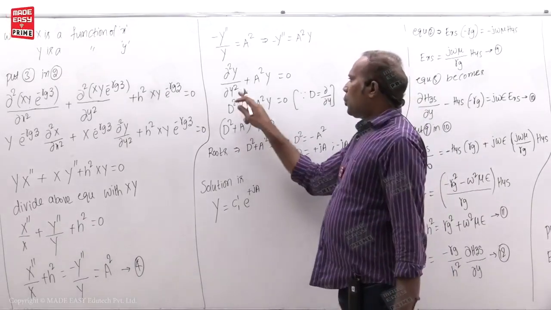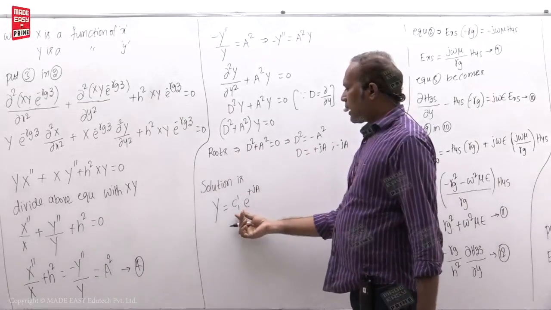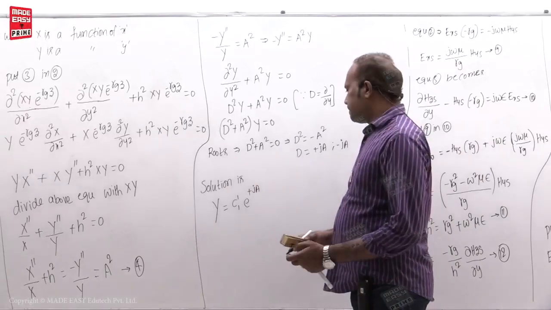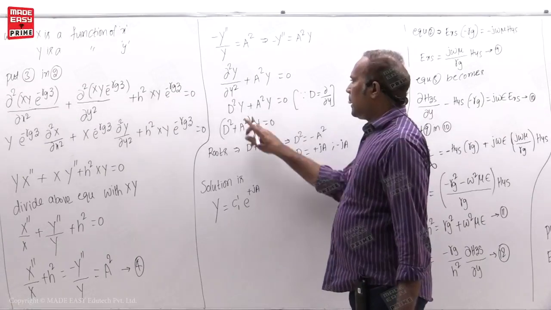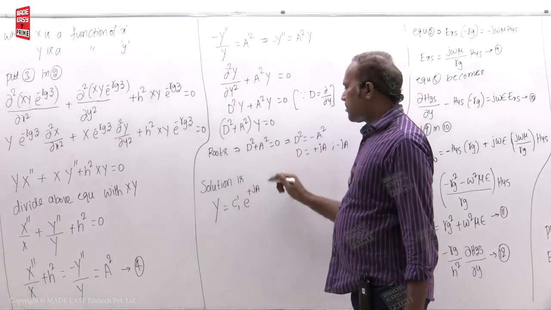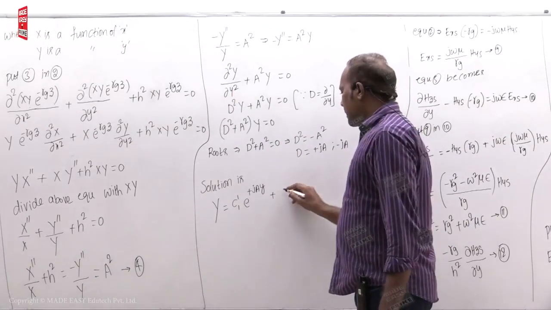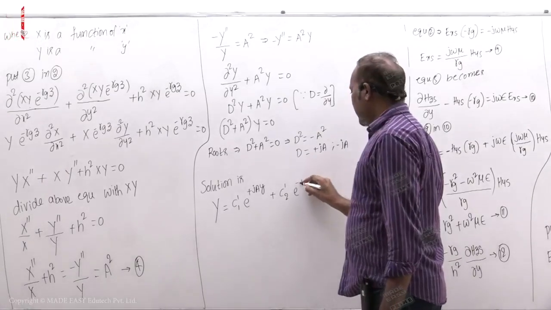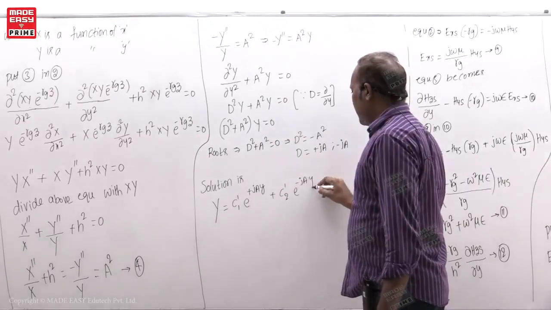So the dependent variable, that is Y, is equal to, for the first root, constant 1, I have taken that as c1 dash, then exponential of the first root plus ja into the independent variable, that is small y, plus a second constant, I am calling it c2 dash, exponential of the second root minus ja, and here the independent variable is y.